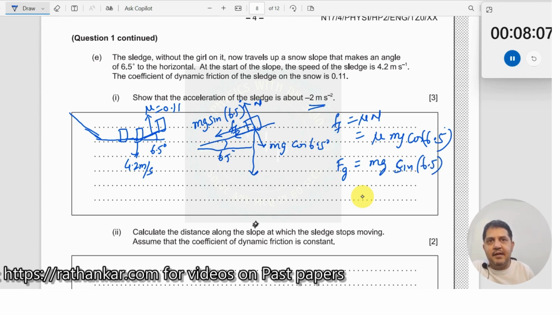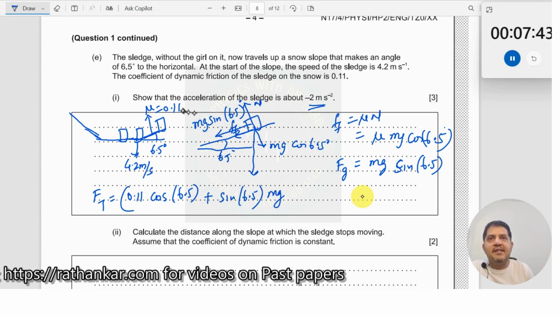So therefore, as it keeps on going, the total force acting on it is nothing but this plus this, right? F total is equal to, what is mu? 0.11 times cos of 6.5 plus sine of 6.5, multiplied by mg.